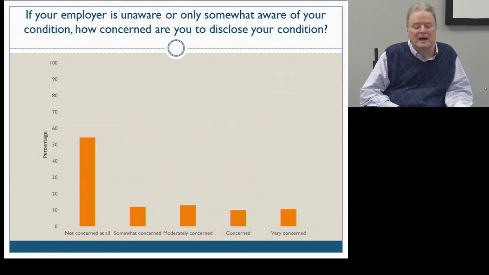A lot of people have disclosed, so they're not at all concerned, about 55% report that, but that still leaves a very large portion of people. We don't know much about who is disclosing and who is not, and so it remains a key factor within the process of retaining employment with MS and obtaining employment.